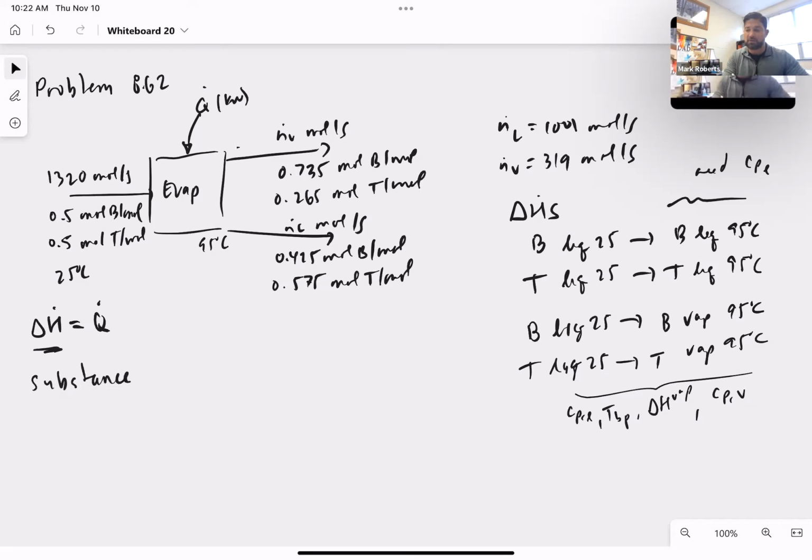And what we're going to have to do is account for each species in each phase. Then we're going to need to get the moles in of each one, the enthalpy in, the moles out of each one, and the enthalpy out.